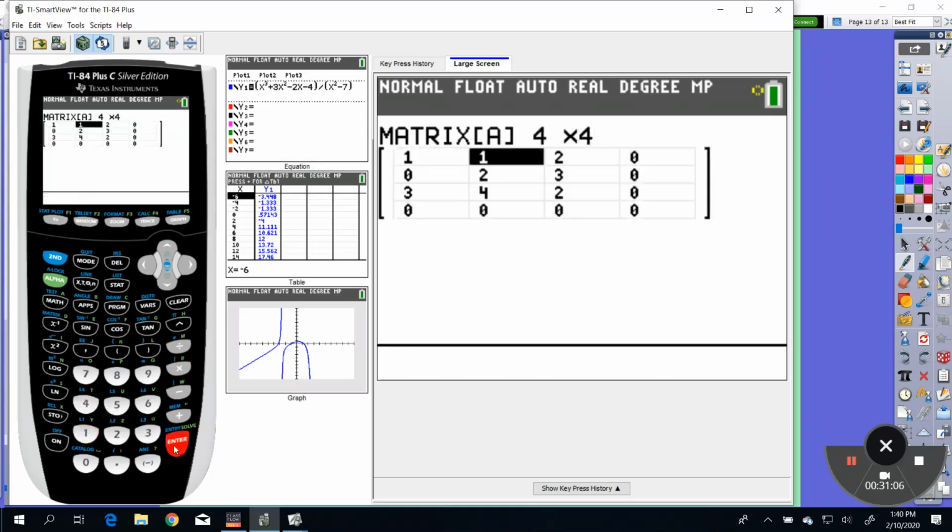So that's 1, negative 2, 3, 0, negative 1, 1, 0, 2, 0, 2, 3, negative 1, 2, 3, 0, negative 1, 0 is supposed to, let's see, that's supposed to be a 1.